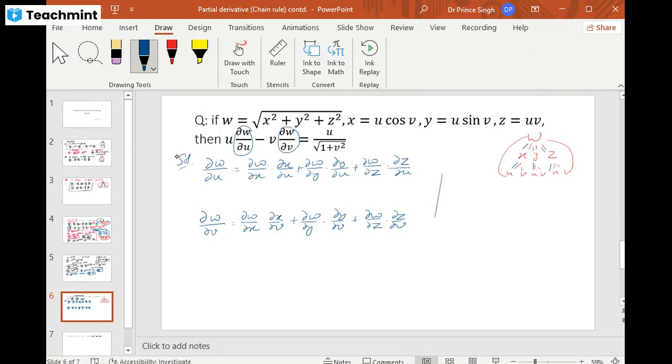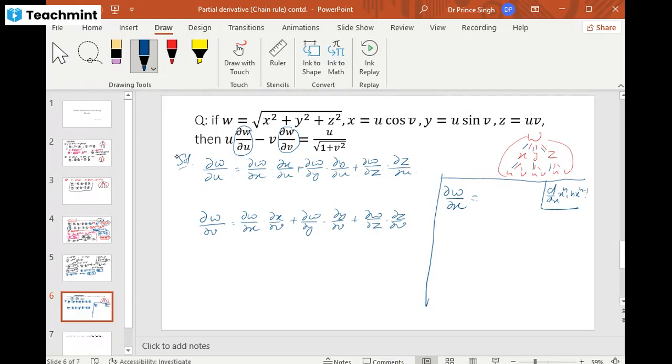So firstly, let us calculate the derivative of w with respect to x. Again, you can see it is a composition of functions. The first function is the power function, like f(x, y, z) raised to power n. So we use here the power rule: the derivative of x^n is n times x^(n-1). It is ∂/∂x of (x² + y² + z²)^(1/2).